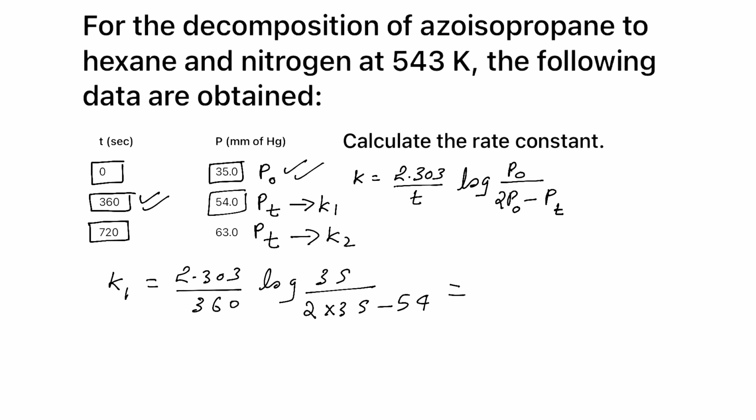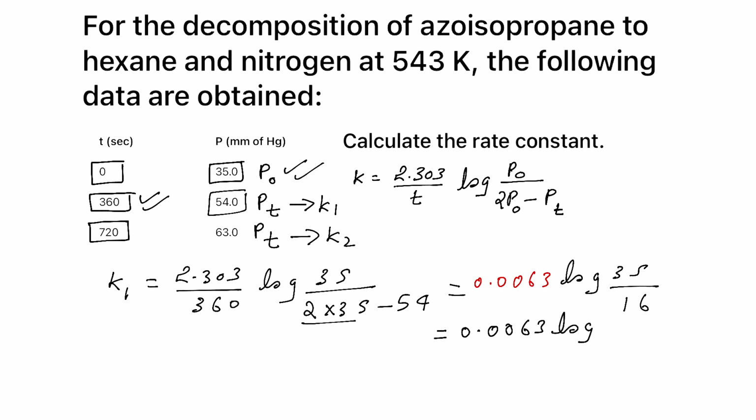On simplifying, you will get 2.303 by 360, that is 0.0063 log 35 by 2 into 35 is 70. 70 minus 54, it is 16. Again, you can simplify like 0.0063 log 35 by 16.